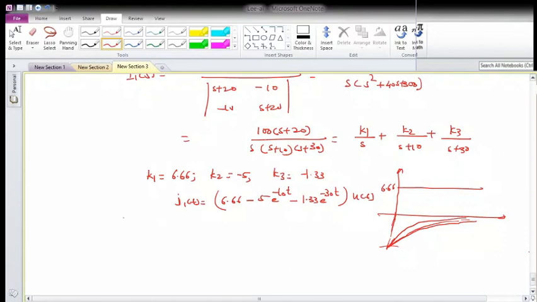I1(t). Now to get I2(t), the same process you apply.